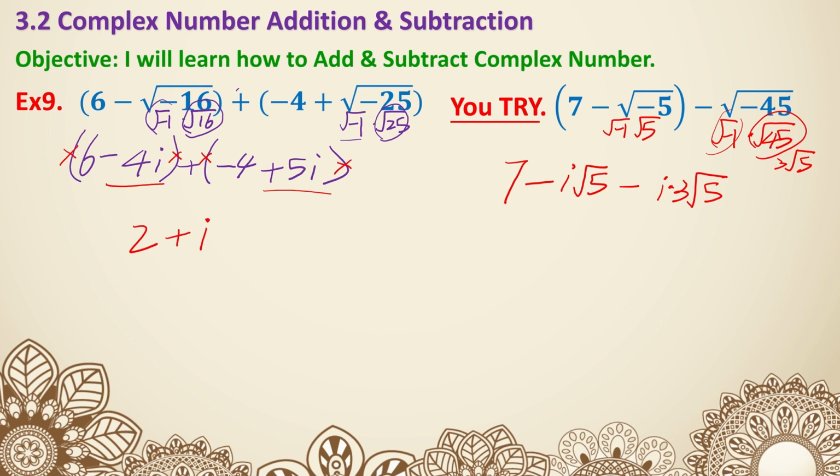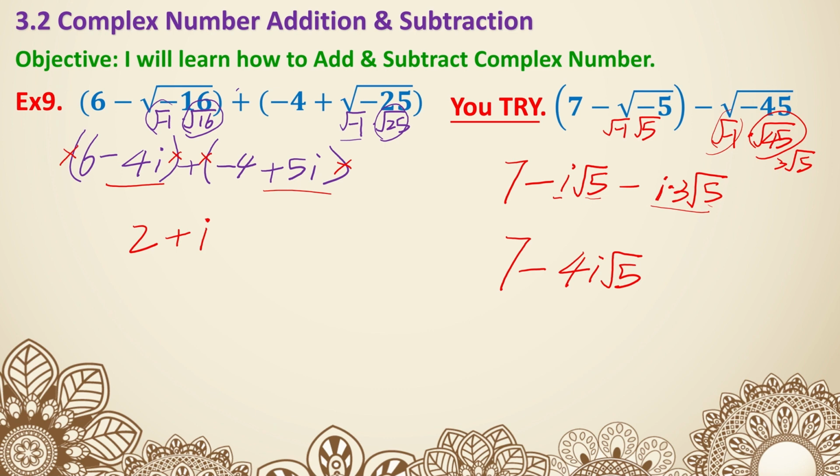But since i is a variable and I kept it in the front for the previous one, because I need to combine like terms, I prefer to have just the numbers together so I'm not confused by the i, which is totally fine. Because in my final answer, I'm going to put i in the middle between the number and the root. So this is going to be 7 minus, well, this is a 1 of square root of 5 and i. This is a 3 of square root of 5 and i, so it's going to be a negative 4i square root of 5.